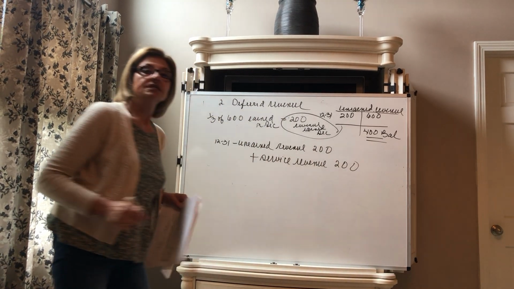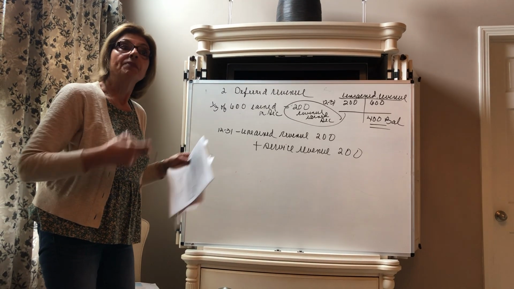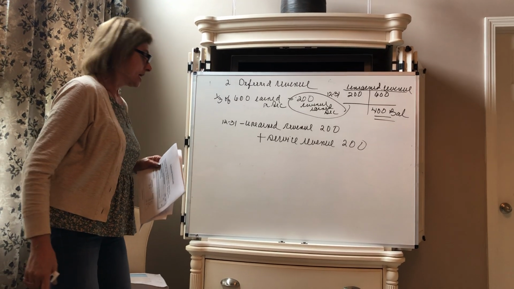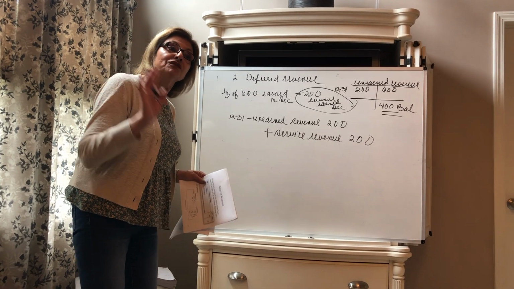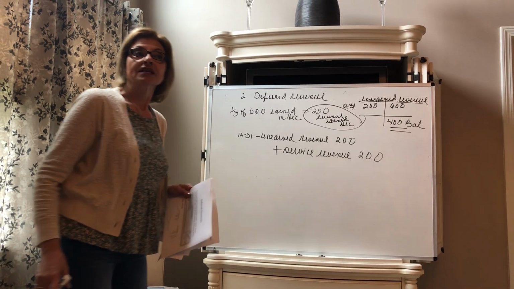And that's what our adjusting entry is always going to look like when we earn some of that money that we were paid in advance. And that's it for my deferrals. And I'll see you back for the accruals in a couple minutes.